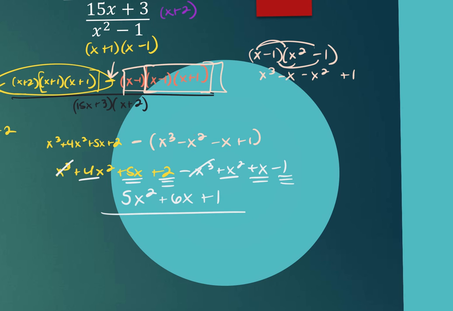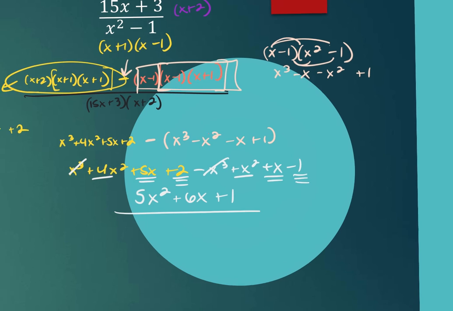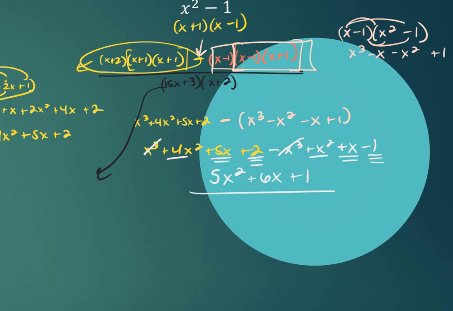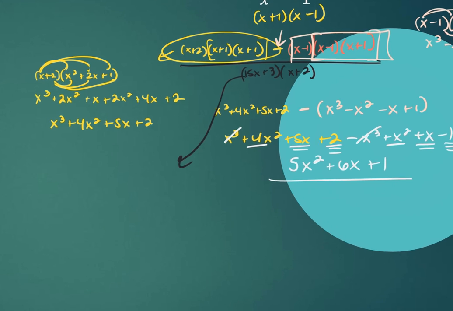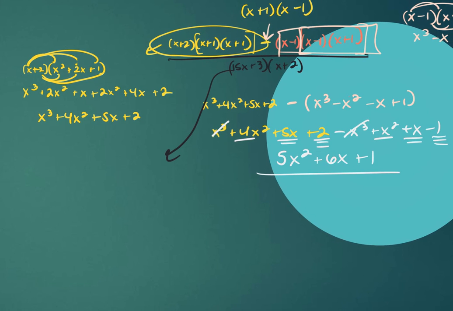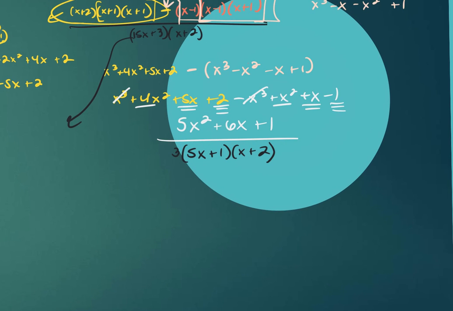That's my numerator. Now the denominator, I have to FOIL out. So you can actually take a 3 out of there. And I would do that first to see if I can cancel anything out. My numerator, see if it factors. 5 times 1 is 5. Factors of 5 that sum to 6 would be 1 and 5.